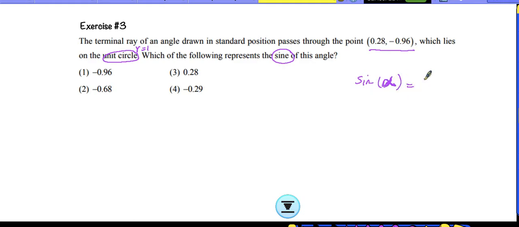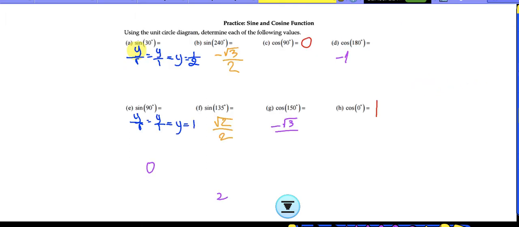According to the definition in the unit circle, and that's very, very important, if it's not a unit circle, we cannot use this definition, sine is y. So we only focus on the y coordinate. Remember, the first one is x, the second one is y. So that's our answer. That's basically how we figure out this answer. Let's check one more example.